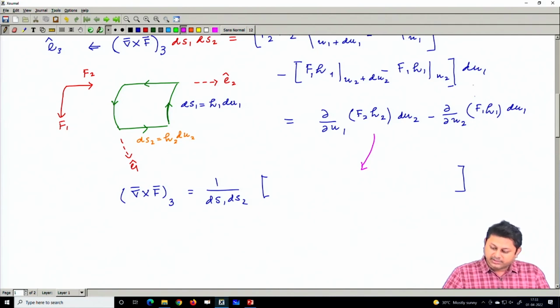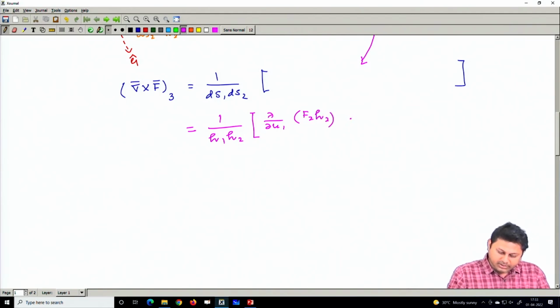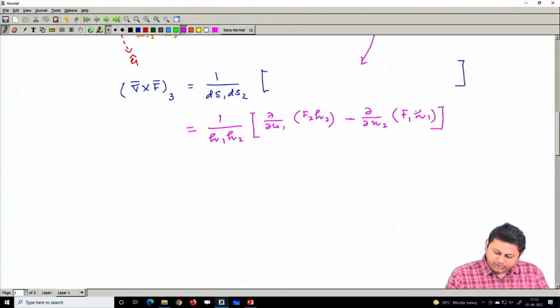So if I put that, then this du2 and du1 will cancel out, and eventually I will get 1 by h1 h2 and then del u1 of f2 h2 minus del u2 of f1 h1. This is the third component.